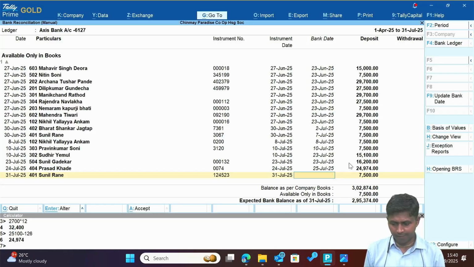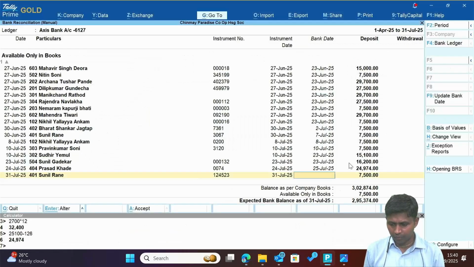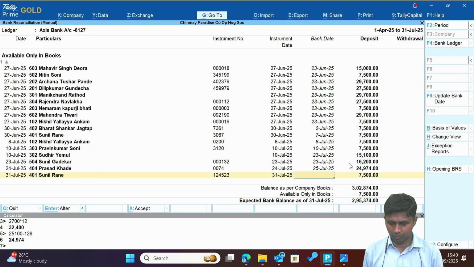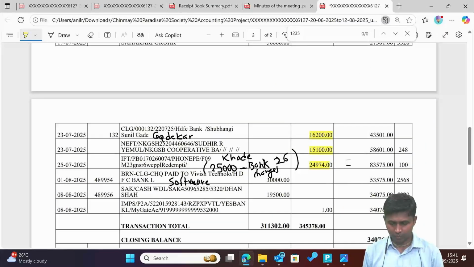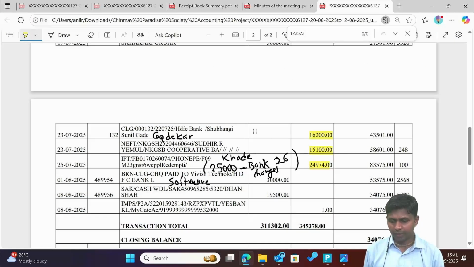Then after that, 124523. Okay, this transaction is not there in the bank statement.